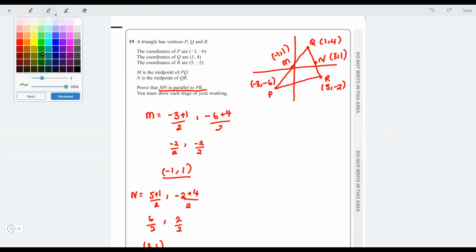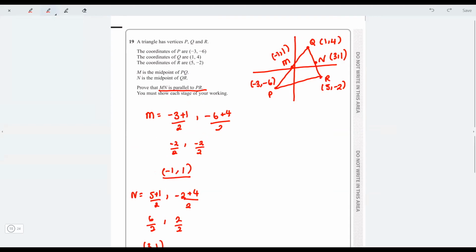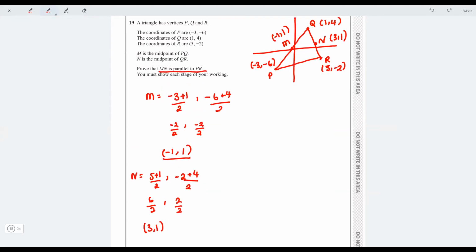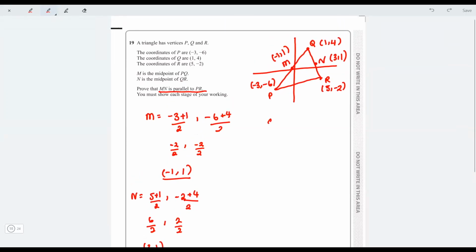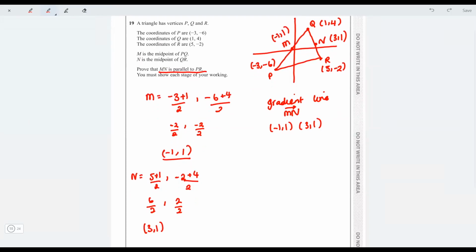So we can now look at the gradient of line MN, because we've got the 2 coordinates, -1, 1, and 3, 1. Remember, the gradient is difference in y divided by difference in x. So I'm going to label that x, y, x, y.